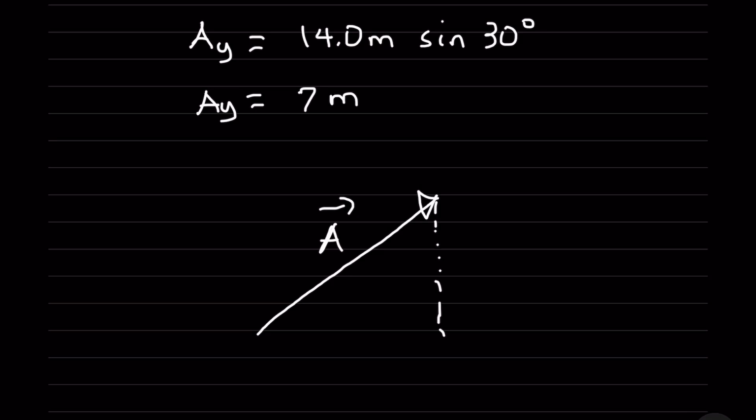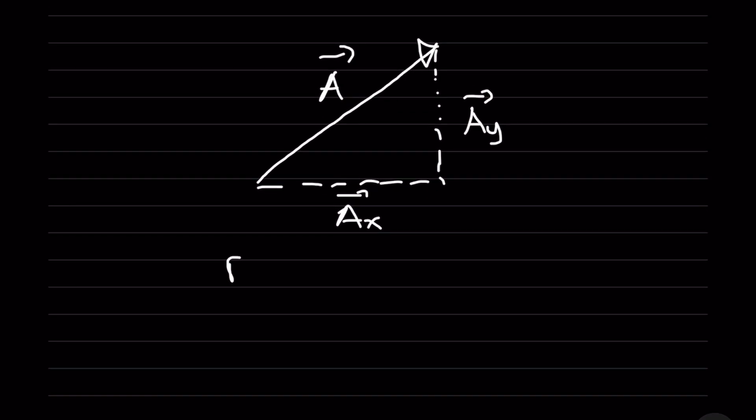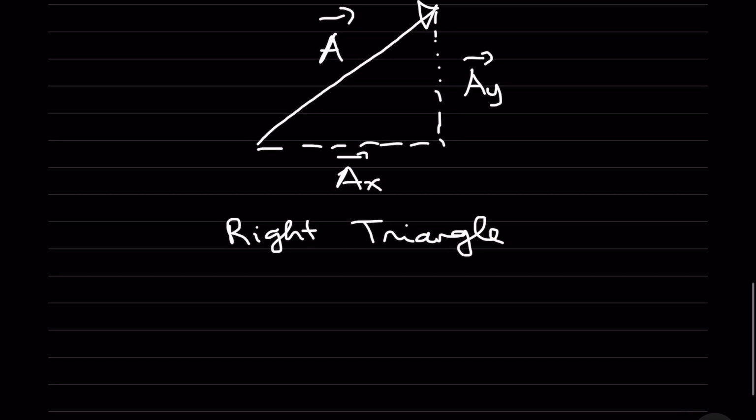What about the angle theta that it makes with the positive x-axis? So what I'm doing here is I have shown here the vector again with the components ax and ay. Take note that we are actually looking at the right triangle.